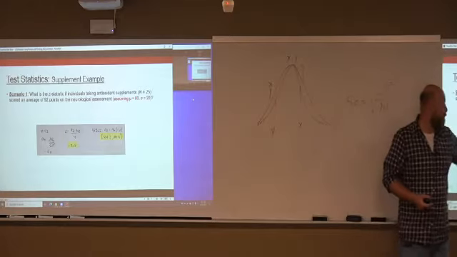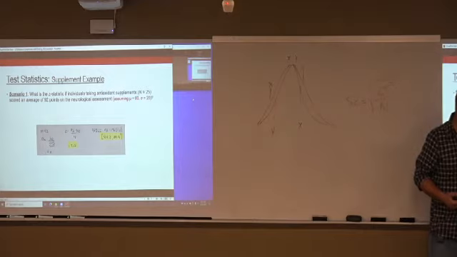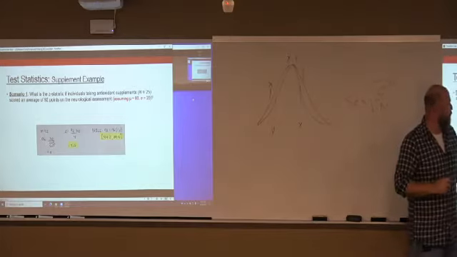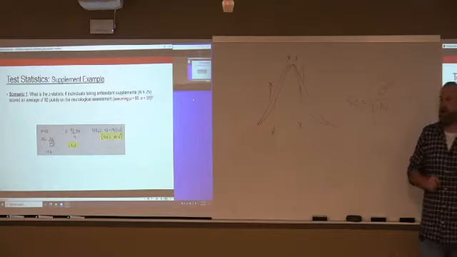Then if I calculate my confidence bound, this is just my observed mean plus or minus, because we're using z statistics, 1.96. That's just my level of precision for my 95% confidence interval. Multiply it by my standard error, and I get a lower bound of 84.2 and an upper bound of 99.8.